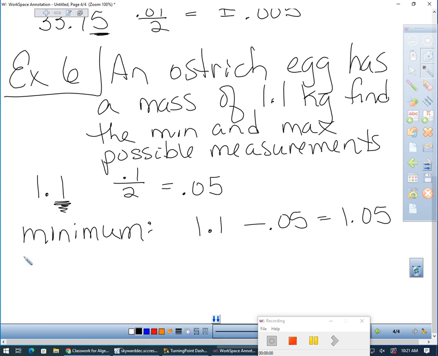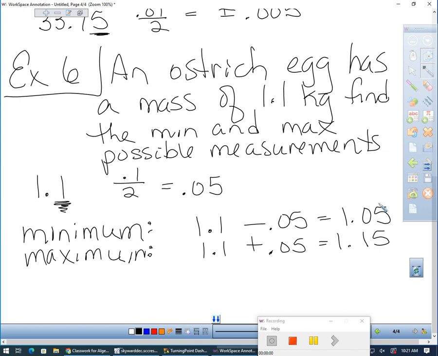Find my maximum. I take 1.1 and add 0.05. 1.15, very good. So really my ostrich egg can be anywhere from 1.05 kilograms to 1.15 kilograms. That's like its average in between there.